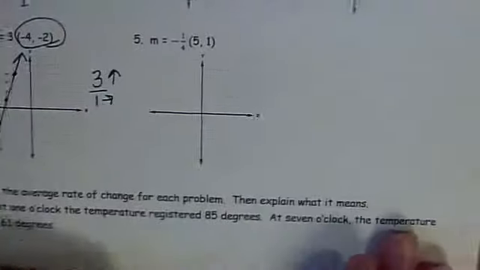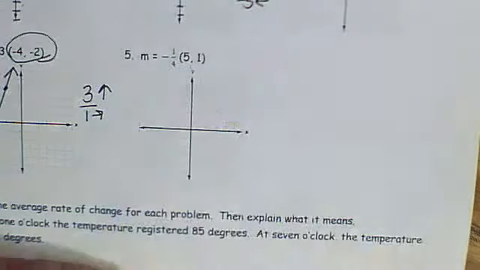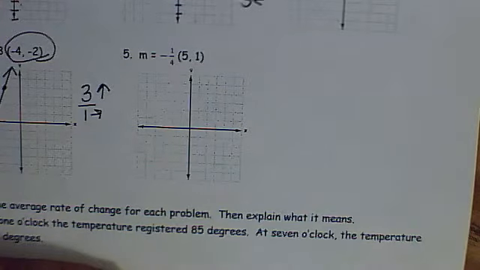Okay? So number 5. I want you to take a minute and try this one completely on your own, just like we did all the others. Plot 5, 1, and then move according to your slope.